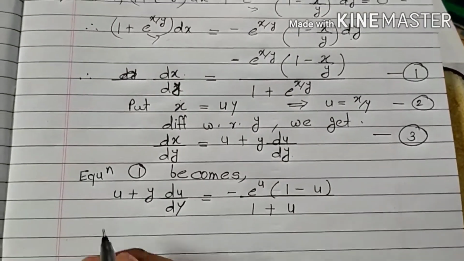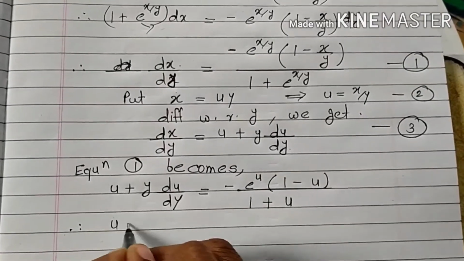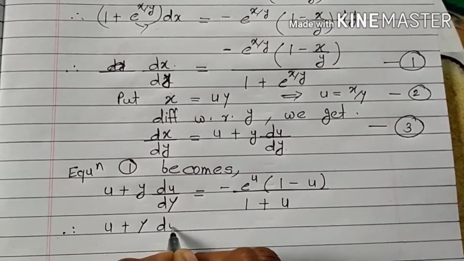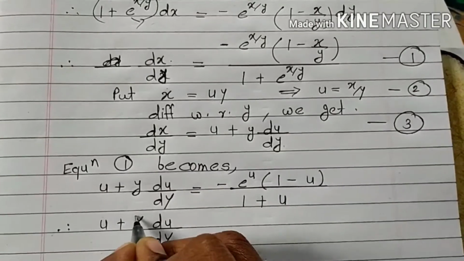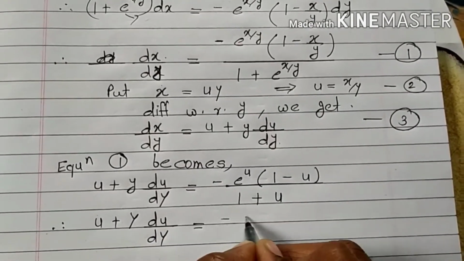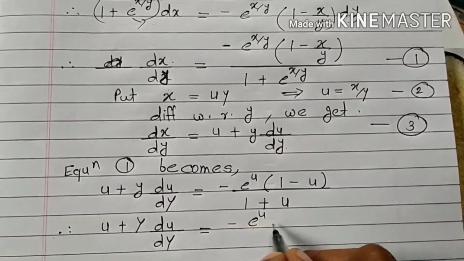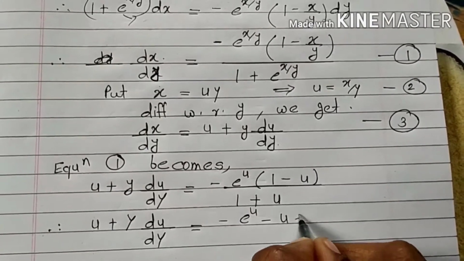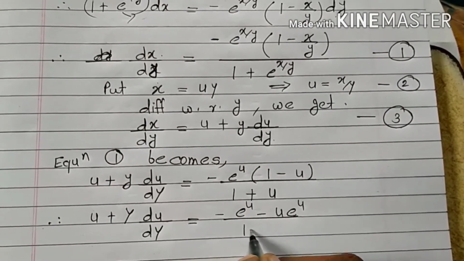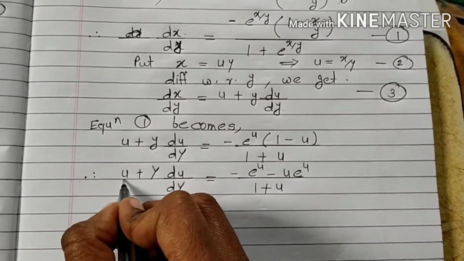Okay, now next step, u plus y du upon dy, which is equal to minus e raised to u, multiply these terms, and minus u e raised to u upon 1 plus u.